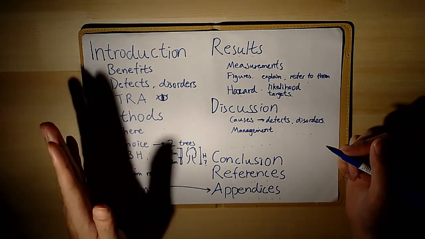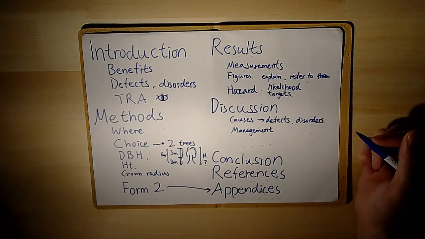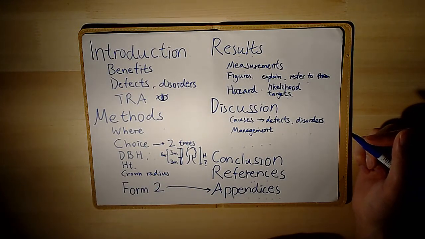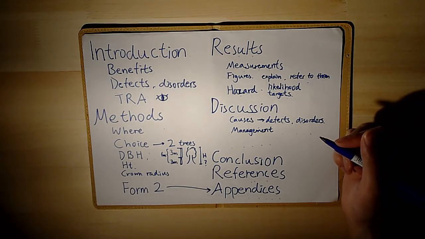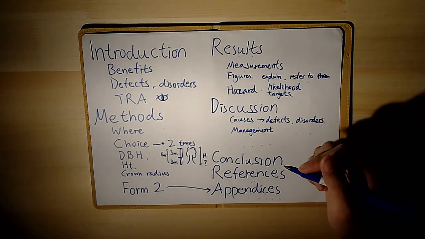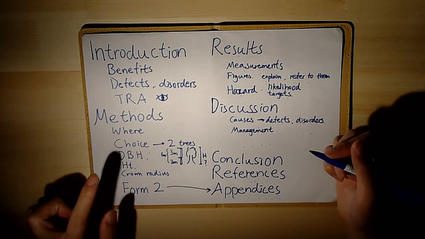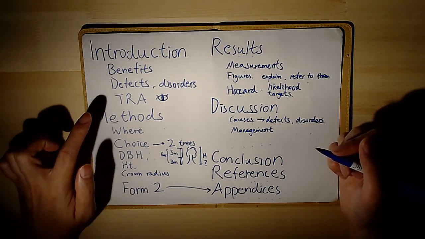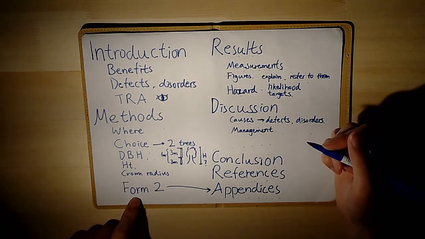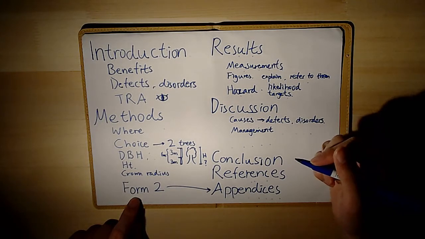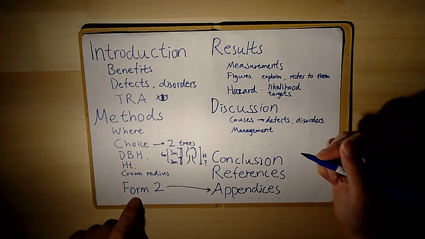Okay, so this is the whole structure of your individual assignment, and I hope you can start thinking about it, and you can print the Form 2 and then fill that out during your field visit to the two trees.